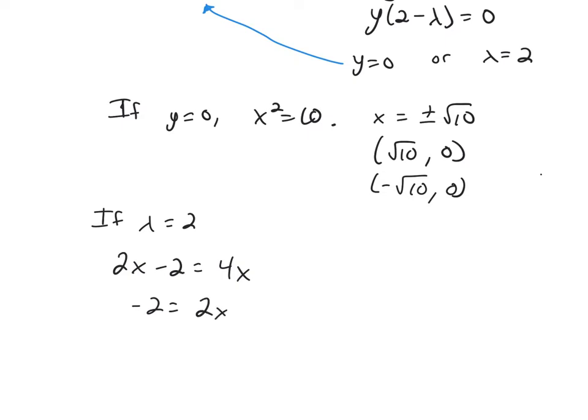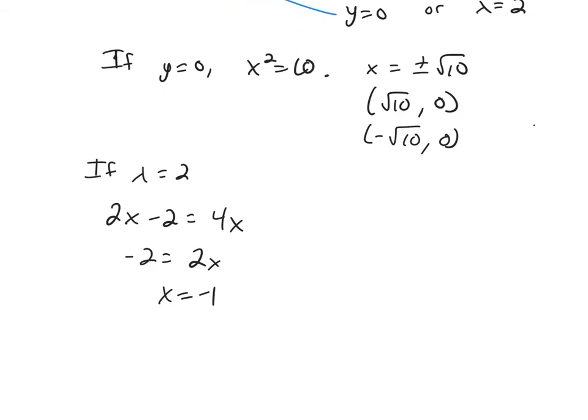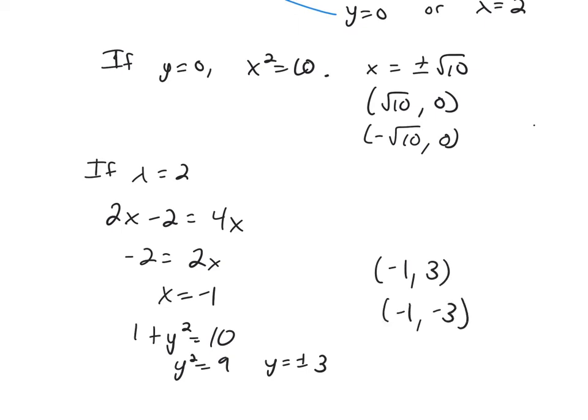Negative 2 equals 2x, so x is negative 1. And if you plug x equals negative 1 into your last equation, you'll get y squared is 9, y is plus or minus 3. So I'm getting the points -1, 3, and -1, -3.